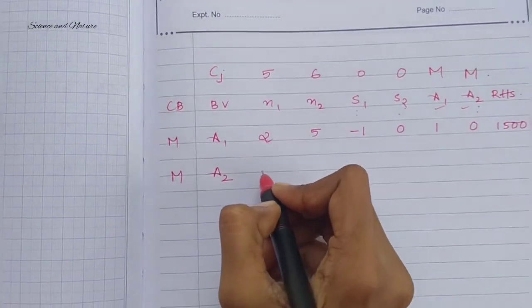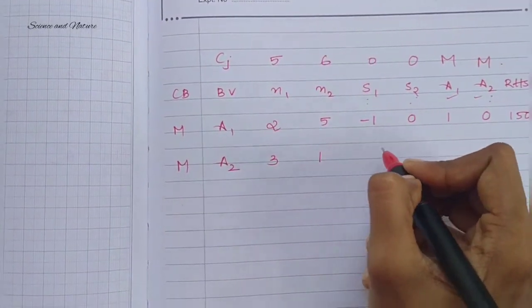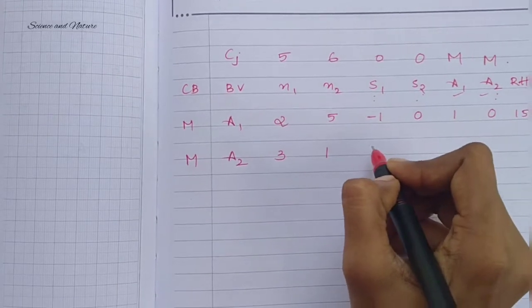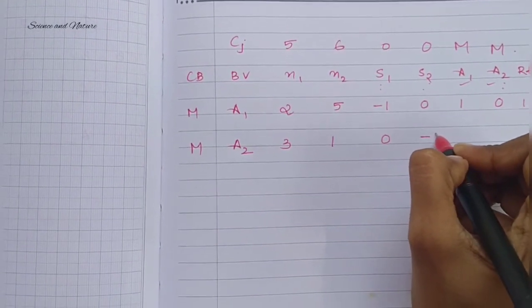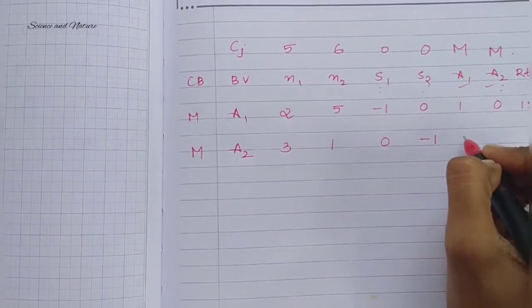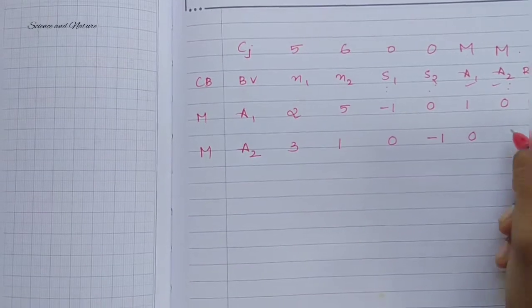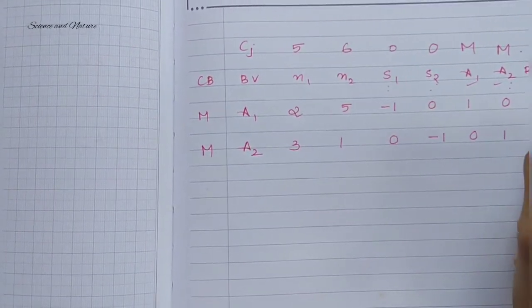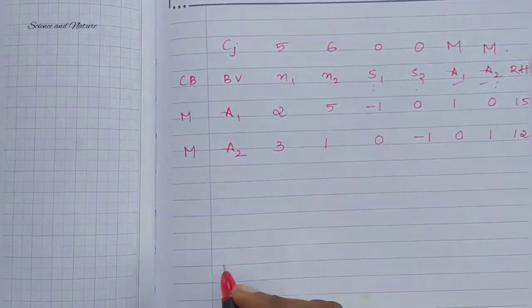In the second equation, 3x1 plus x2 minus s2, there is no s1 there, so we put 0, minus s2, that is minus 1, and there is no a1 in the second equation, so we put 0 and a2 is 1, and RHS is 1200.